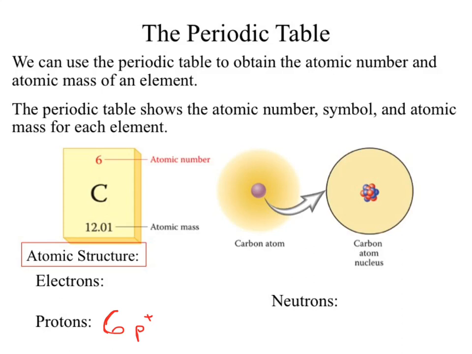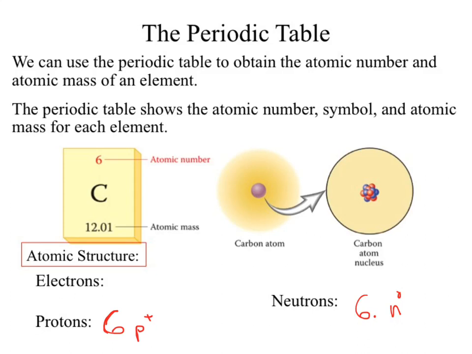How do you know the electrons? You can't tell me the electrons from the atomic mass. Tell me the neutrons from the atomic mass. We've got 6 neutrons. We do have that issue with the 0.01. We'll just call it 6 neutrons, and we're really just saying 6 because that's as close as we can get. We'll ignore the kind of rounding effects.